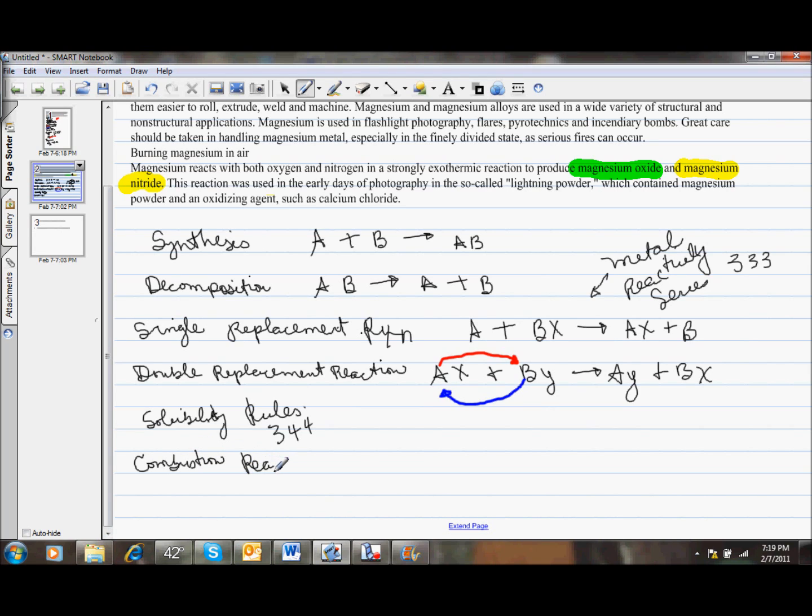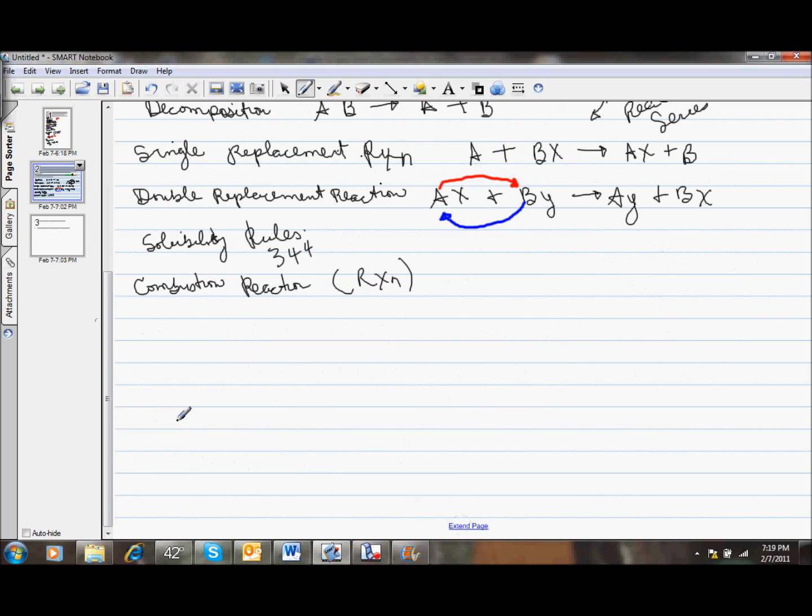A combustion reaction. Notice sometimes I write reaction completely out, or I write RXN, and that's just a shorthand way of writing it. Your combustion reaction is simply an element A combining with oxygen, and in some cases, not all cases, where heat is given off, and you're going to end up with some type of oxide, okay?